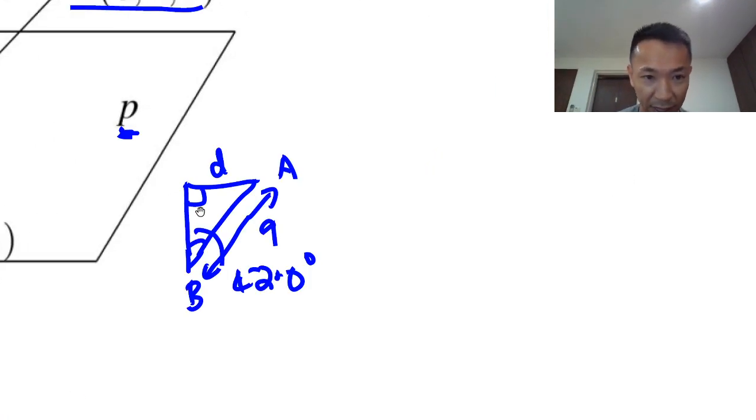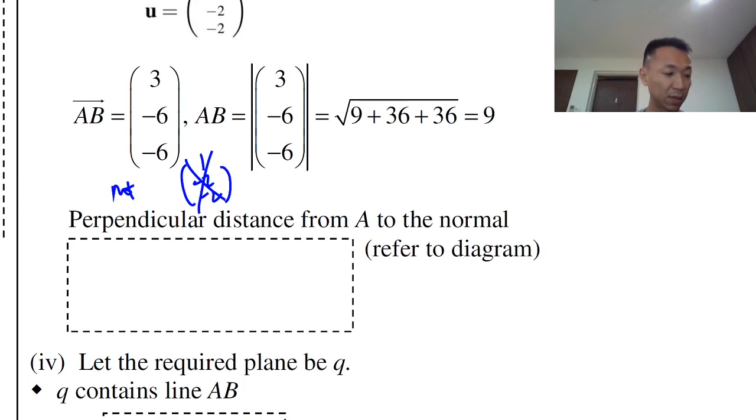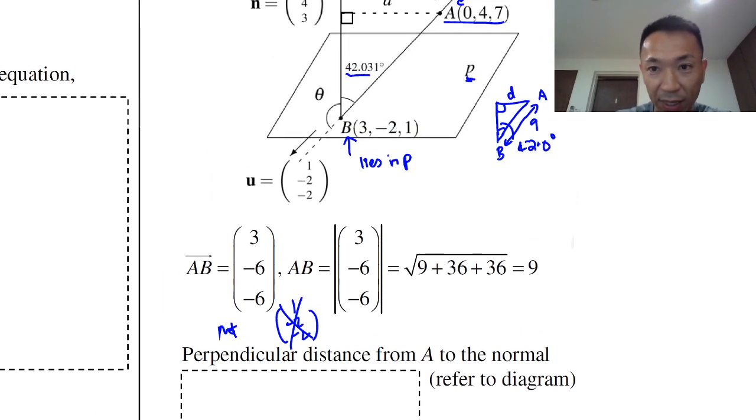This is a poorly drawn right angle triangle, but never mind. This is 9. This is angle 42. I want to find D. Trigo will tell you what to do. If you learn your Trigo well enough, you will use the what? Trigo ratio? Yes, very good.